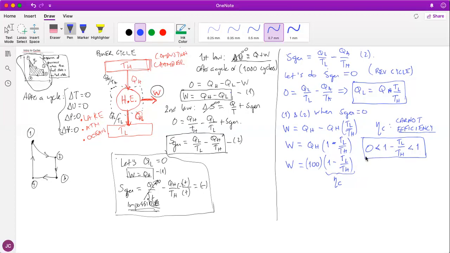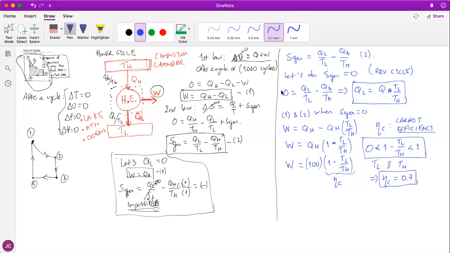Therefore, it will stay at some value within that range. Let's say I have some TL and some TH that give me an efficiency of 0.7. You can do the math and play around with TL and TH to see what happens.